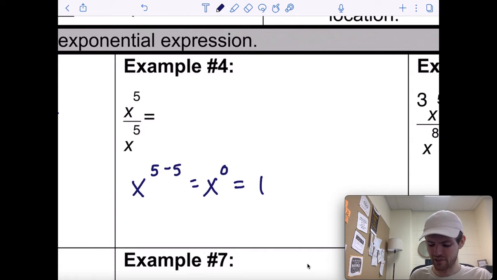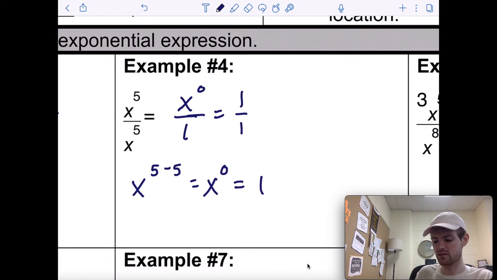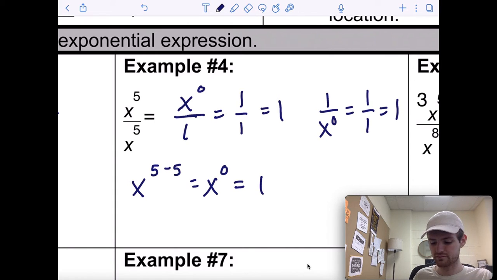If I put x to the 0, this is a special case, I should say. If I put x to the 0 on the top, it still becomes 1 over 1, which equals 1. If I put x to the 0 on the bottom, that's still 1 over 1, which equals 1.